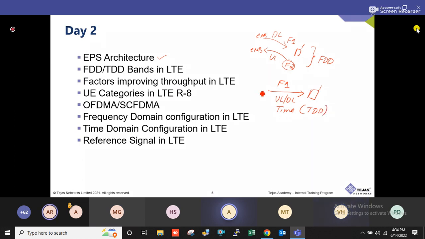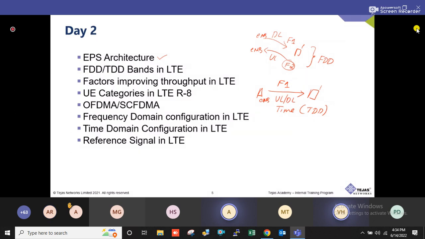So there is a set of frequencies given by the standards which has to be TDD, and a set of frequencies given by the standards for FDD as well. So we look at those bands.